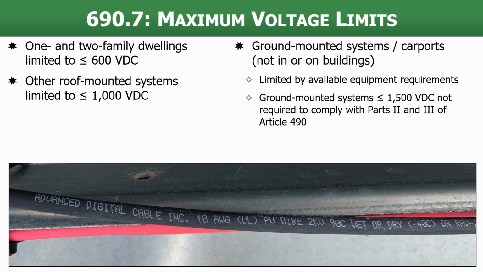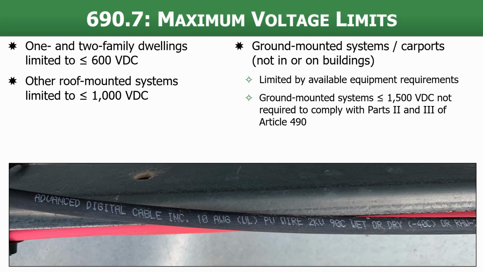And then finally, we have systems that are not in or on buildings. Basically, ground-mounted systems, carports, systems where those first two designations do not apply. Now, there's really no specific limit. We're basically limited by the available equipment that we have, right? Inverters, modules, wires, disconnects, all of that stuff.